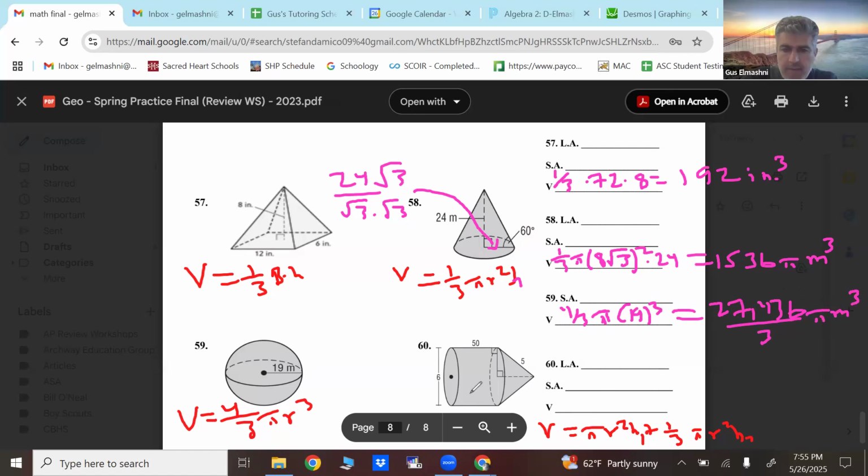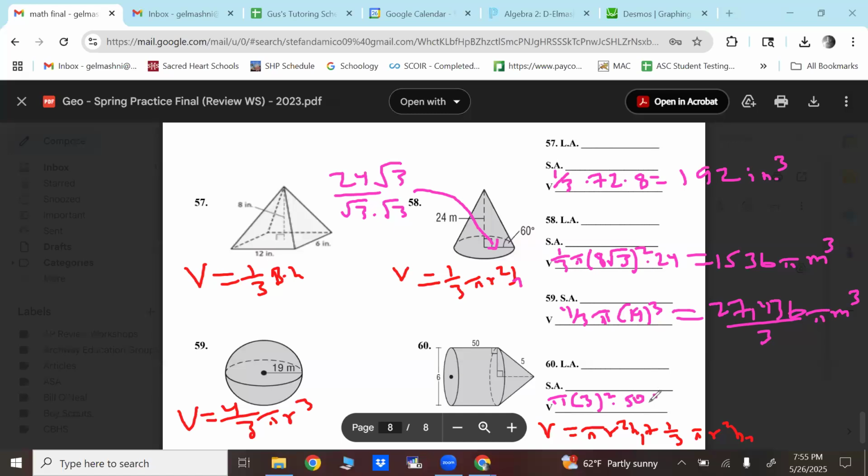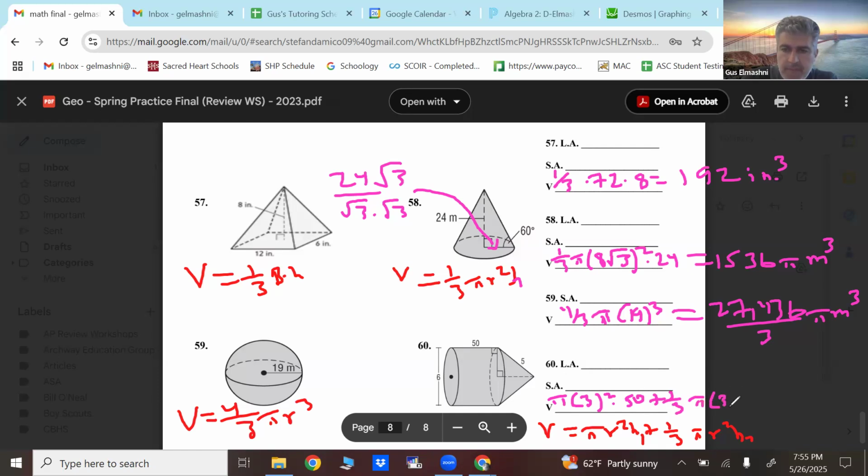And then here you have a cylinder, so that's pi times 3 squared times 50 plus 1/3 pi times 3 squared again. If that's 3, 5, that's 4.